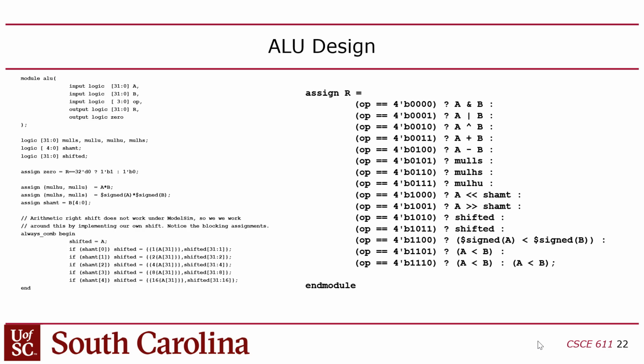The logical left and right shift, we just use the Verilog operators. But for some reason, we couldn't make the arithmetic right shift work, so we just built it at a lower level with logic: concatenation, bit duplication, slicing, and blocking assignment statements.